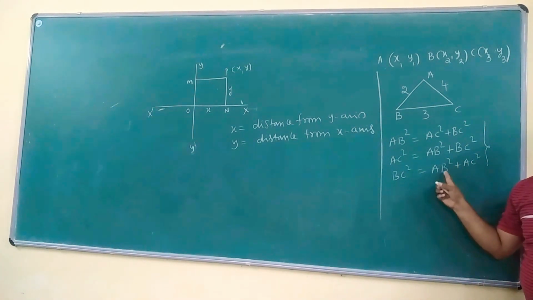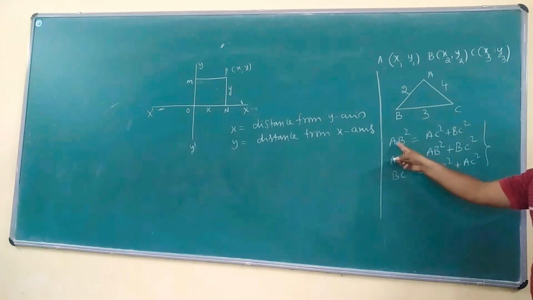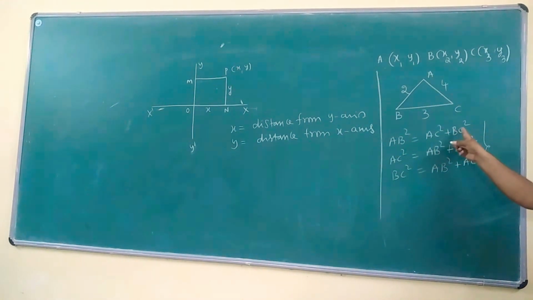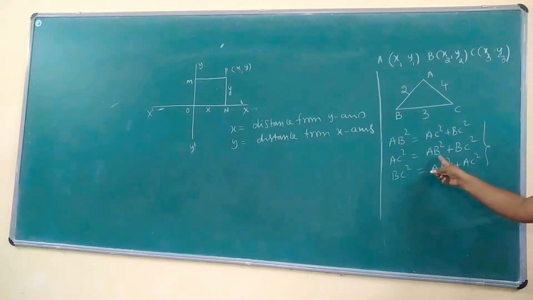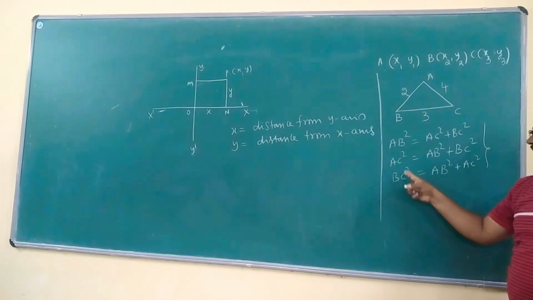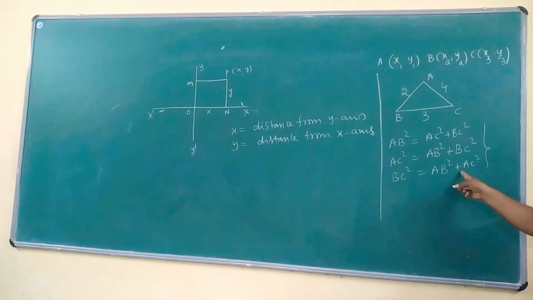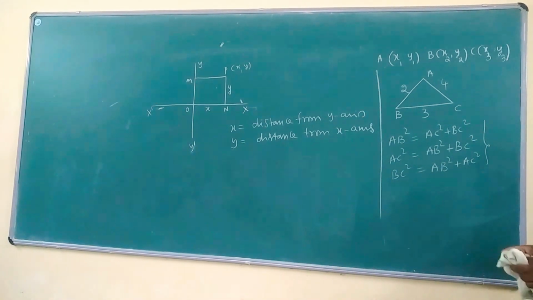The Pythagoras theorem must be satisfied. If AB square is equal to AC square plus BC square, angle C is 90 degrees. If AC square is equal to AB square plus BC square, angle B is 90 degrees. If BC square is equal to AB square plus AC square, angle A is 90 degrees.